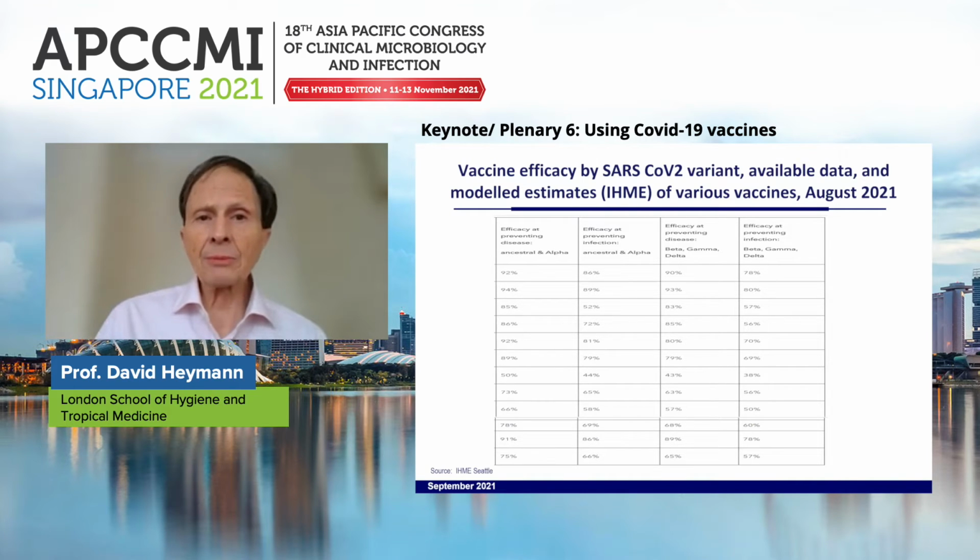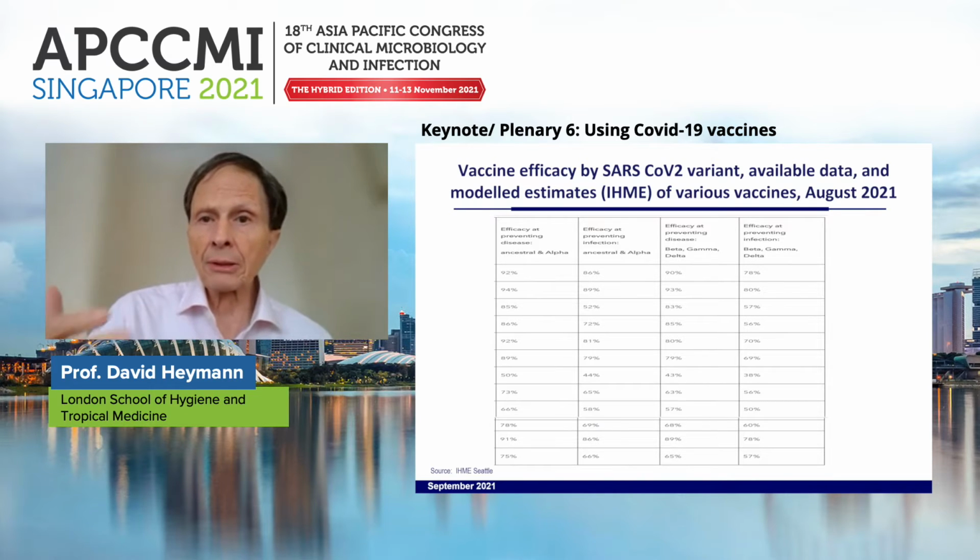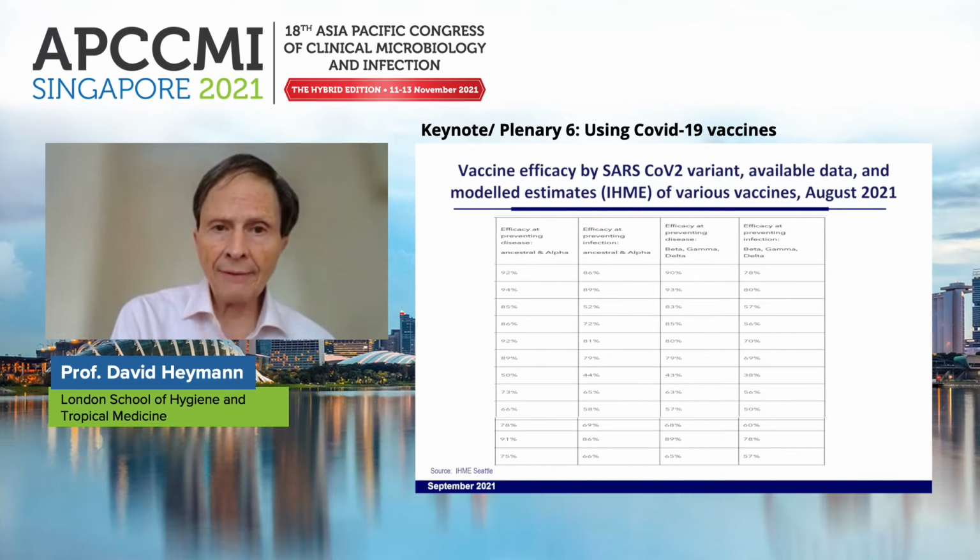Looking at estimates of the health metrics group out in Seattle using available data and vaccine efficacy, if you look in the second column, you'll see efficacy at preventing infection compared to the efficacy of that vaccine when it was studied in clinical trials.